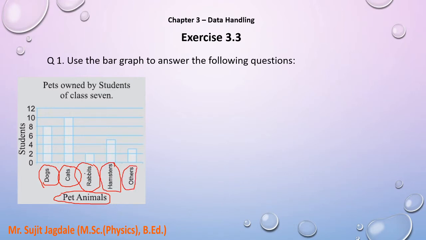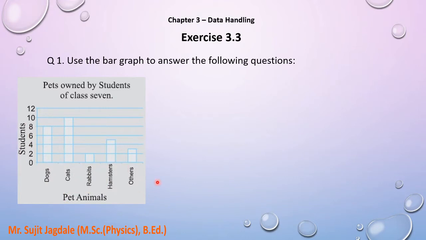All these animals are indicated along the horizontal line, that means the x-axis. The second one is the y-axis, which gives the number of students. That means how many students have that particular pet mentioned on the x-axis, like dogs, cats, or rabbits.